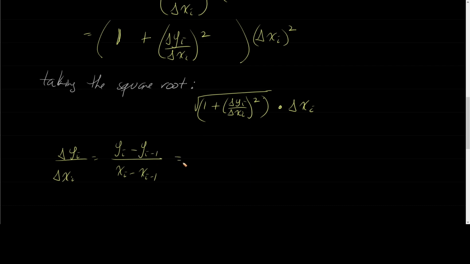Now in here, the y values are always tied to the x values. And if we were talking here about a function, we would say this would be f of x sub i minus f of x sub i minus 1 over x sub i minus x sub i minus 1. All right, so that's what we have in here.